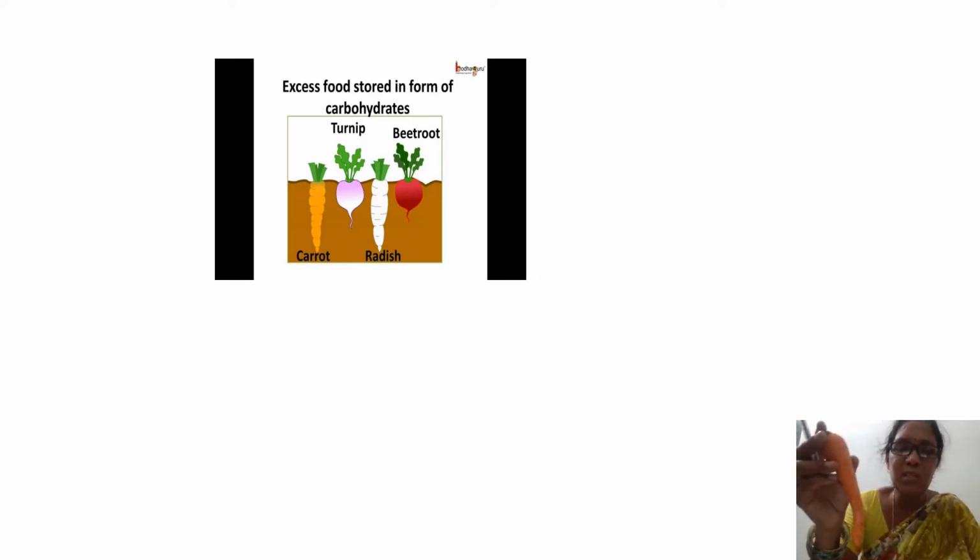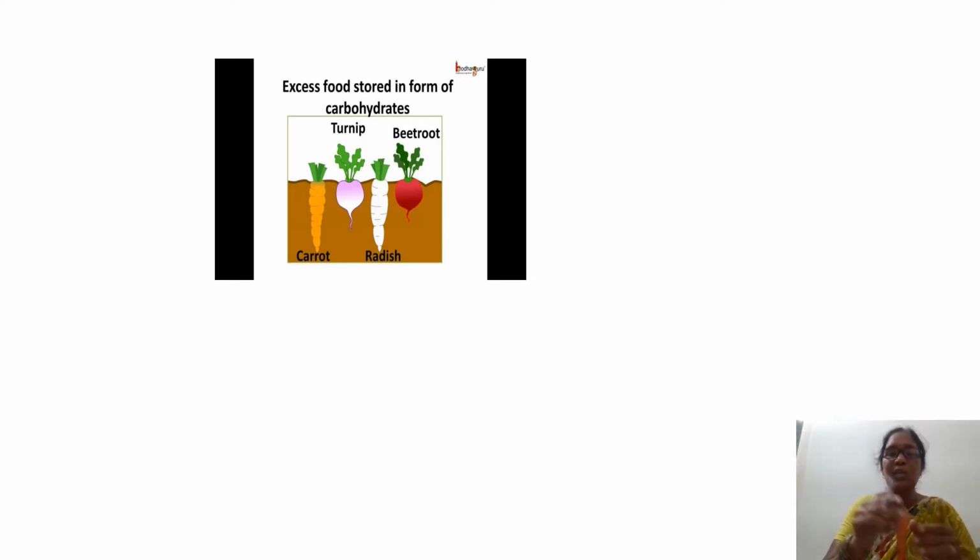It is swollen, bulged. Look at the root. It's swollen. Why? It's storing food here. The carrot is storing food.